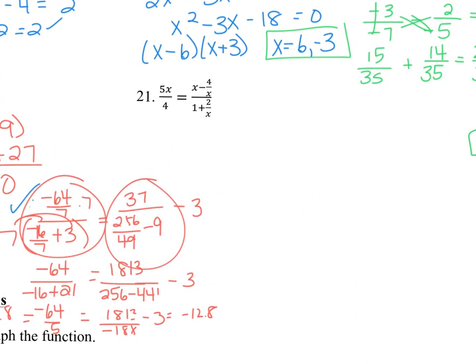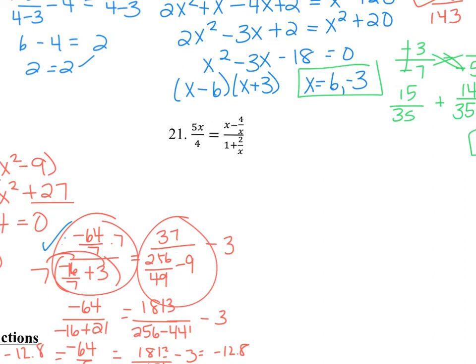All right. We got one more. So on this one, I'm going to multiply this top and bottom by x. So I'm left with x squared minus 4. On the bottom, I'm left with x plus 2. And then I'm going to make 5x over 4. So now I can just go ahead and cross multiply.